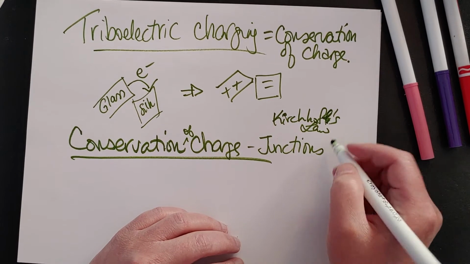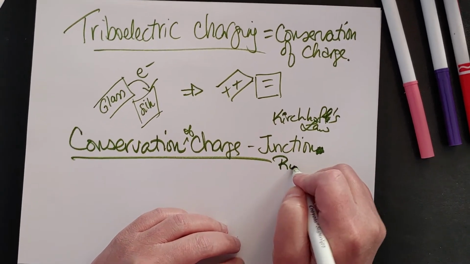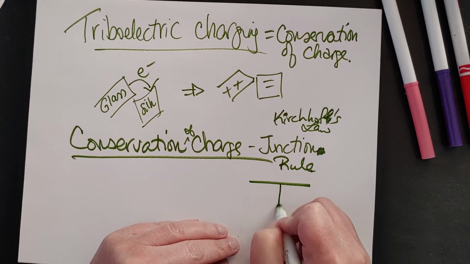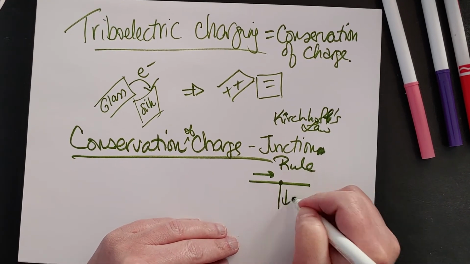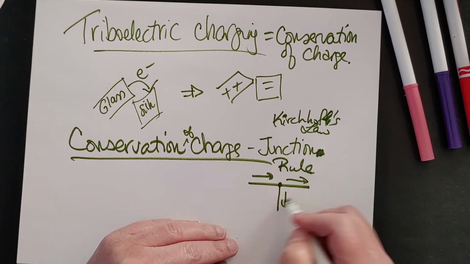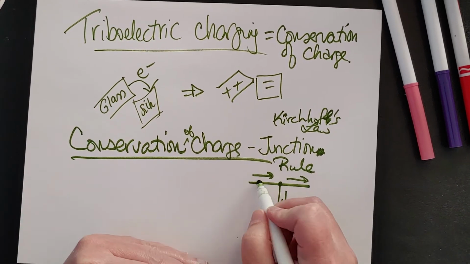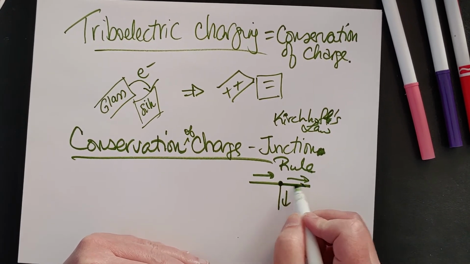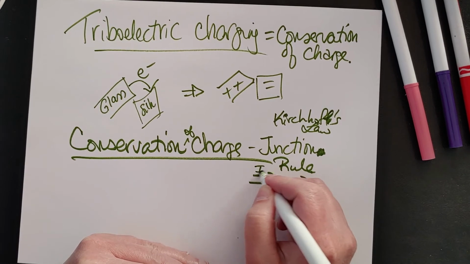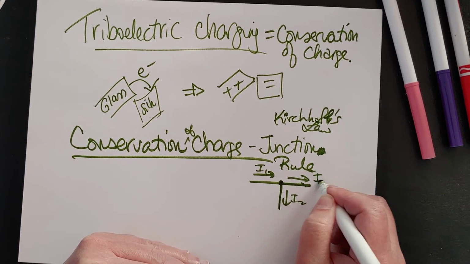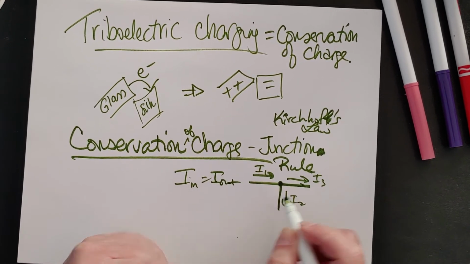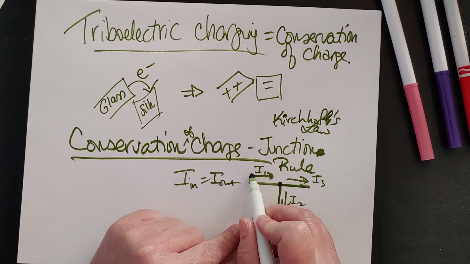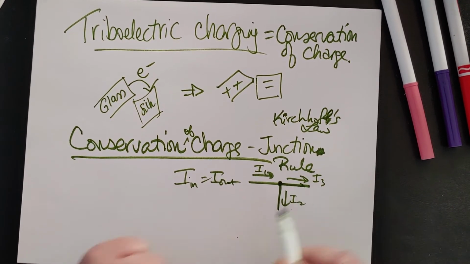Got a little distracted. The junction rule, which says in a circuit, if you've got a current coming in, that equals the current coming out, and that's because of conservation of charge. Any charge that comes in here either has to go there or there. So, I in equals I out is the junction rule in Kirchhoff's laws. I1 equals I2 plus I3.